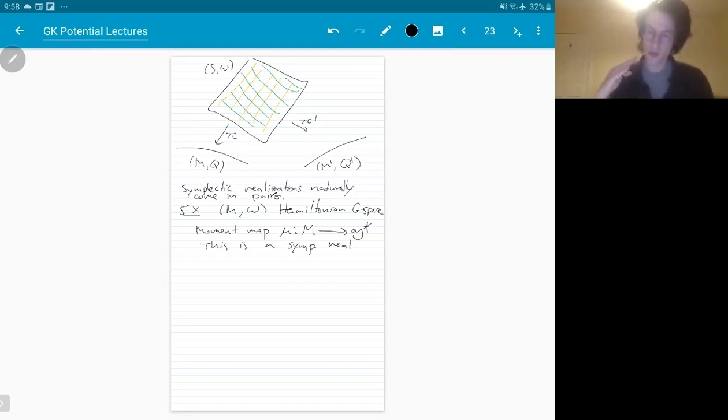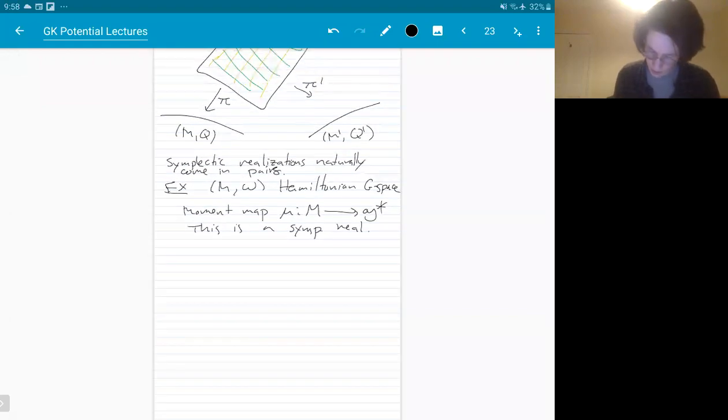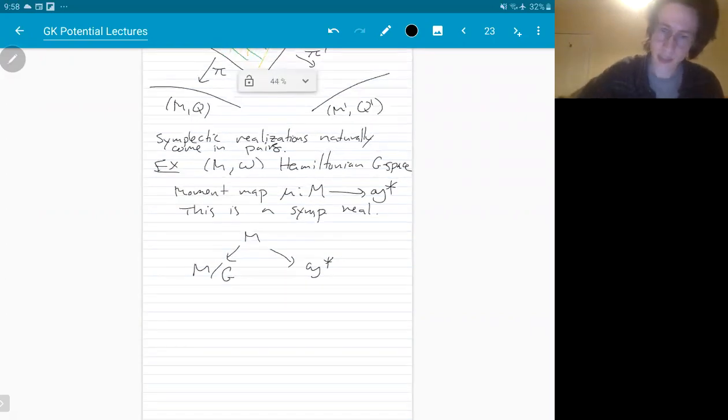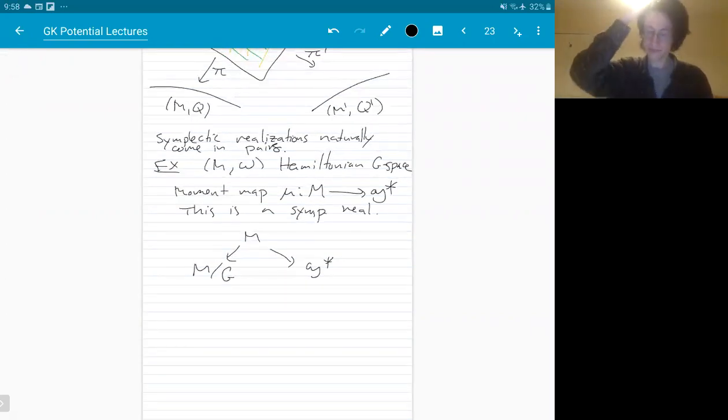And so we get this dual polarization, and if you work out what it is, it just gives you the quotient space like that. So that's an example of this phenomenon.